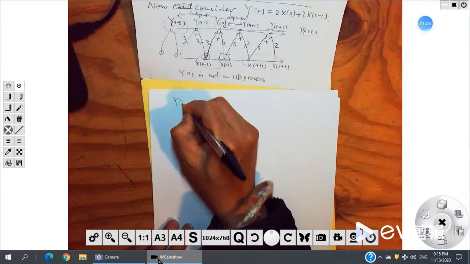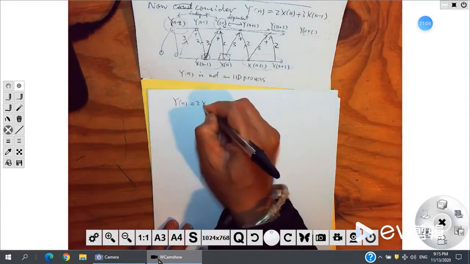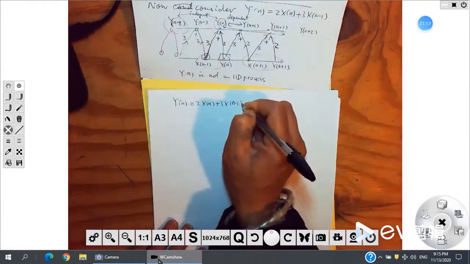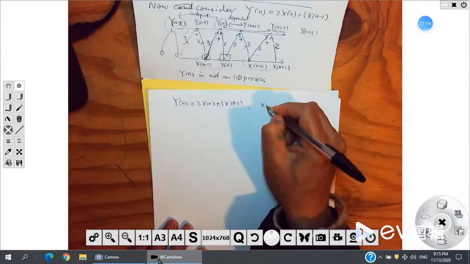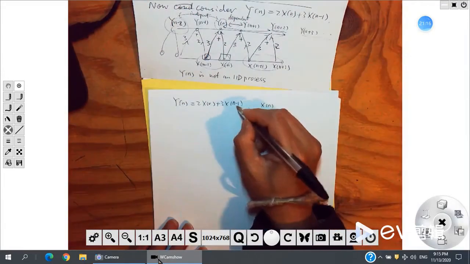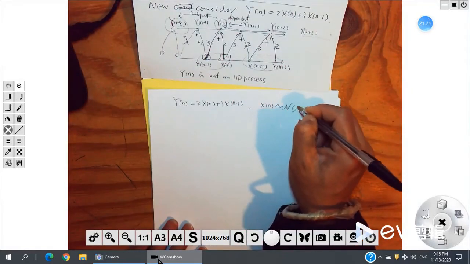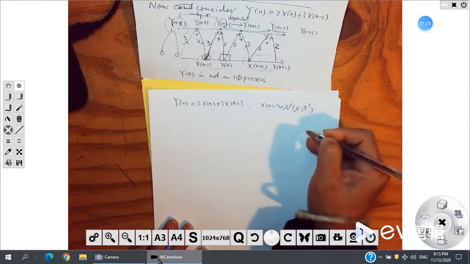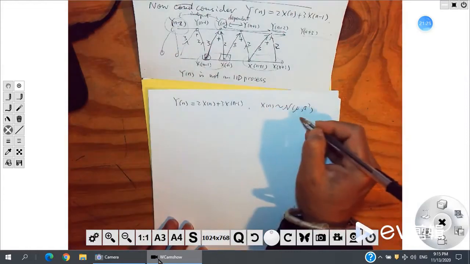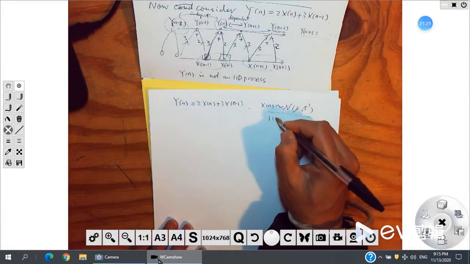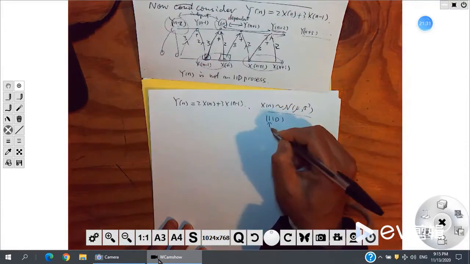Y of n equals 2 X of n plus 3 X of n minus 1, and X of n and X of n plus 1 are the same. They obey the normal distribution with mu and sigma squared for all the n's, and they are independent, right? IID, where the I is independent.